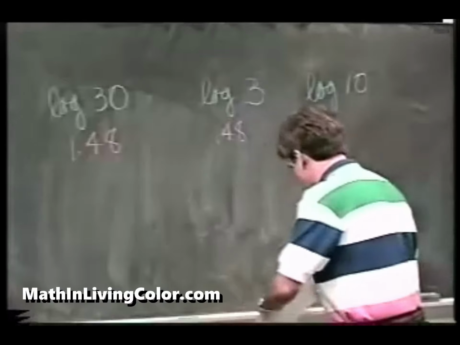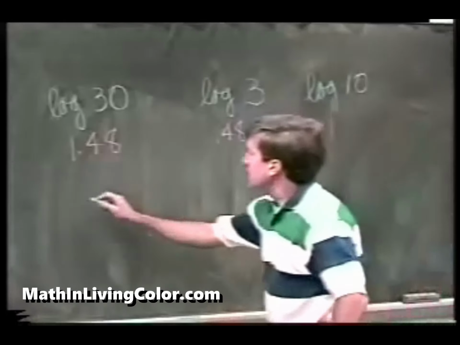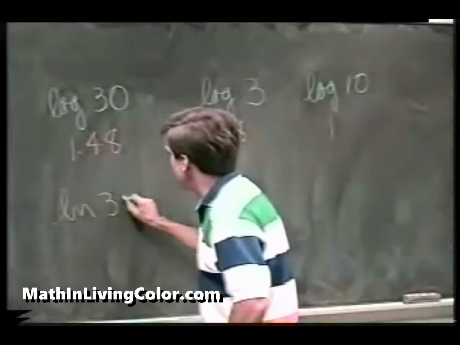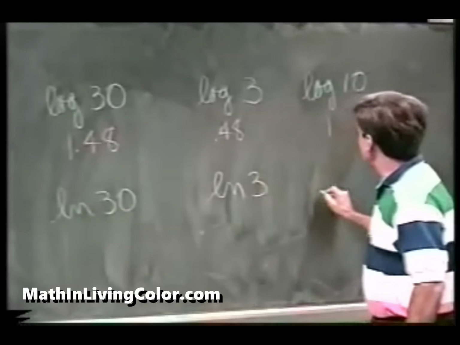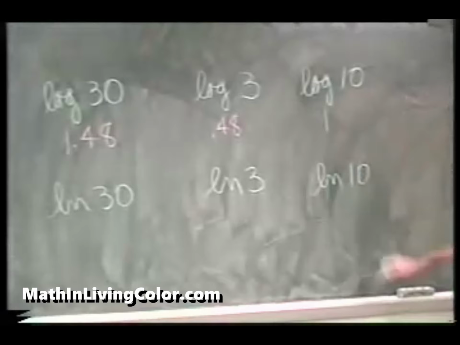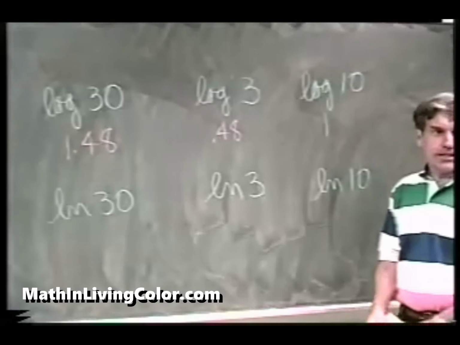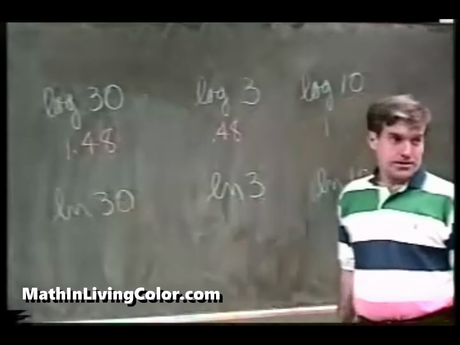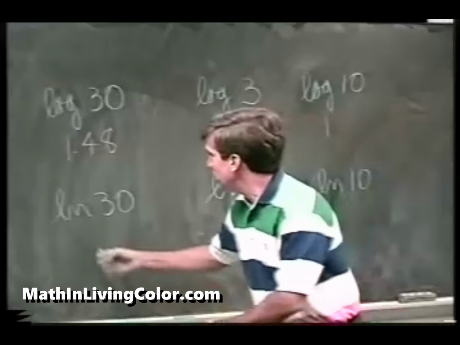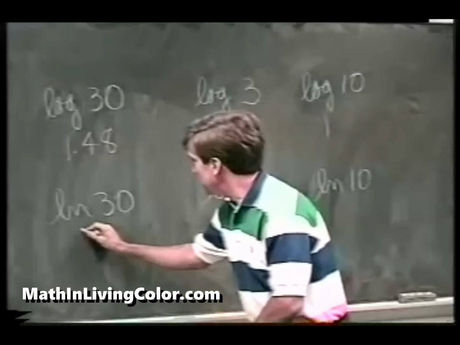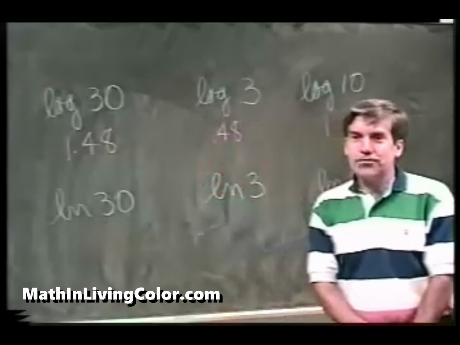I want to do one with ln of 30. And I'd like to do the ln of 3 and the ln of 10. Can you help me out with that? What's the ln of 30? No, I don't think so. ln of 30.